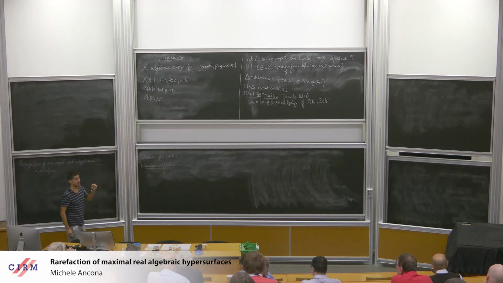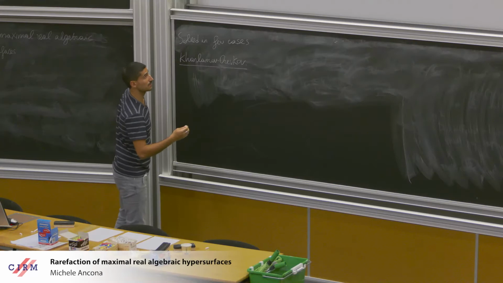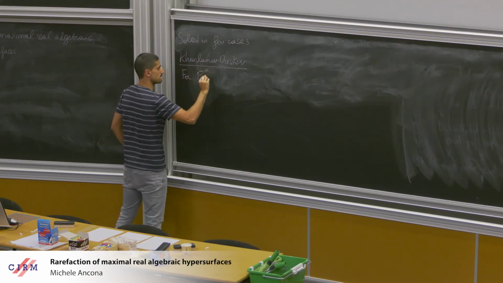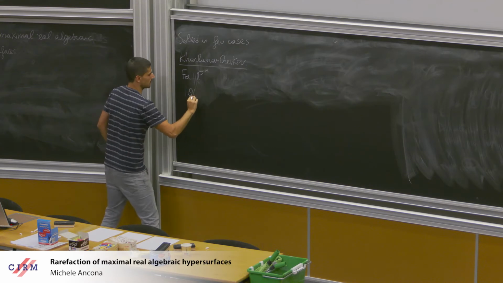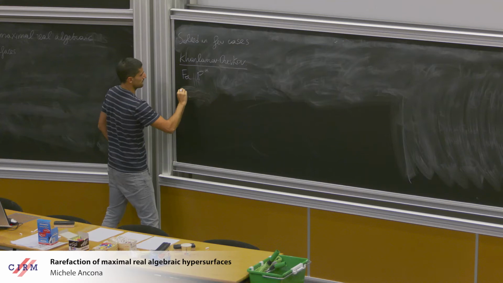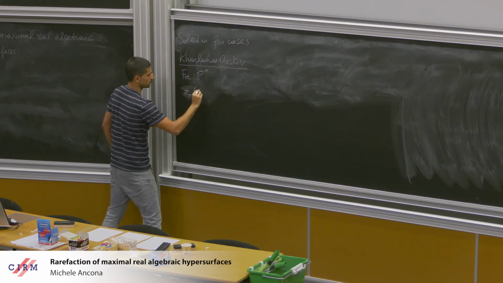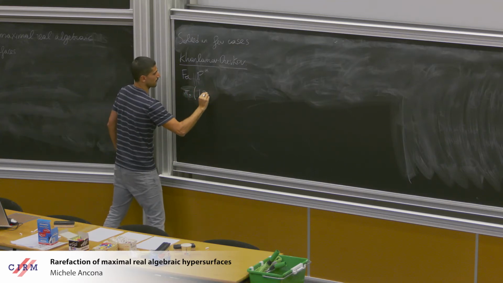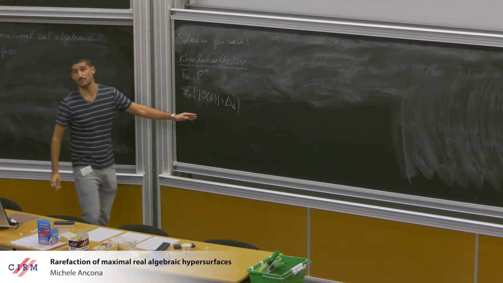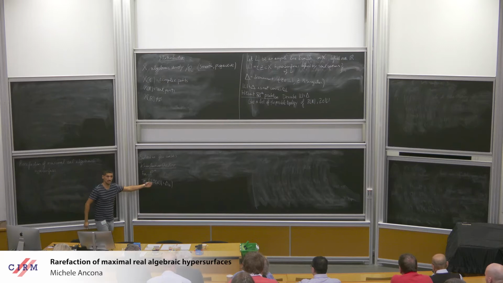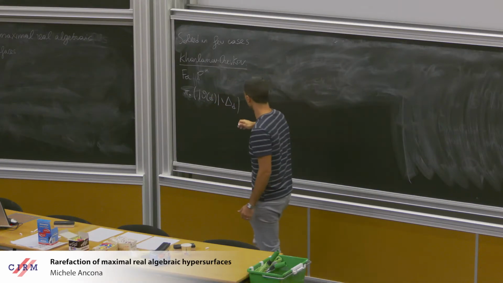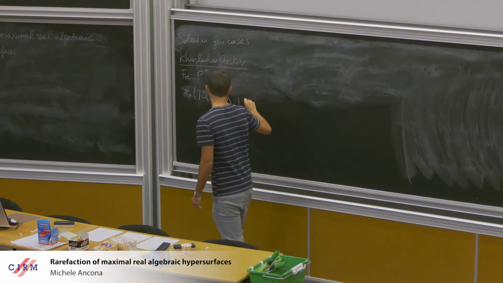For the projective space, or in general for toric varieties, if we look at the number of connected components of the complement of the discriminant as a function of d, then this number grows very fast with d, super exponentially in d.